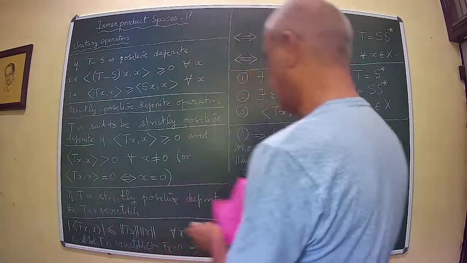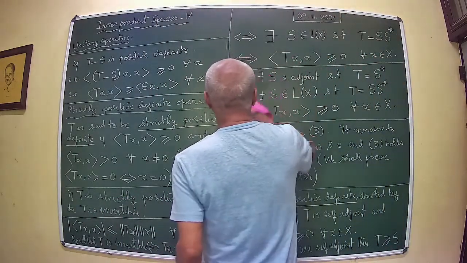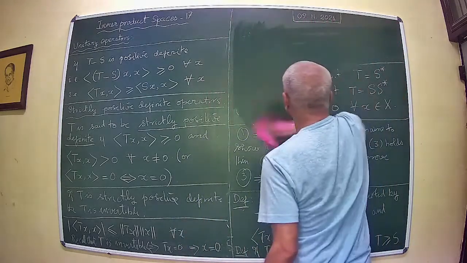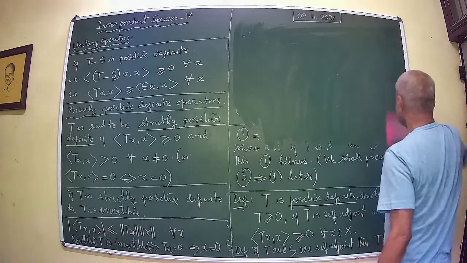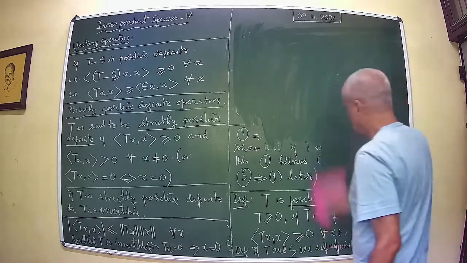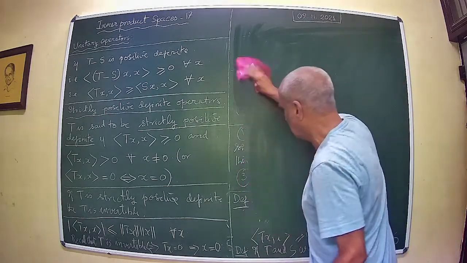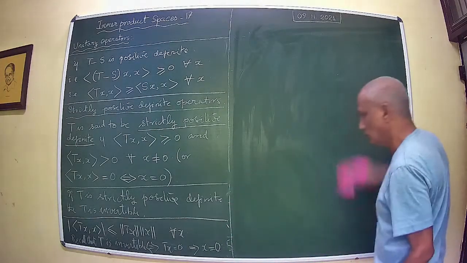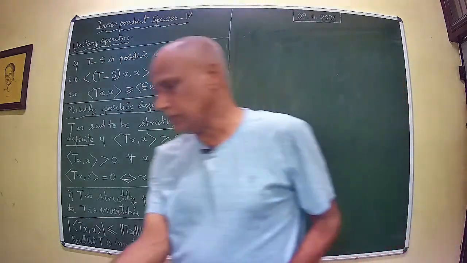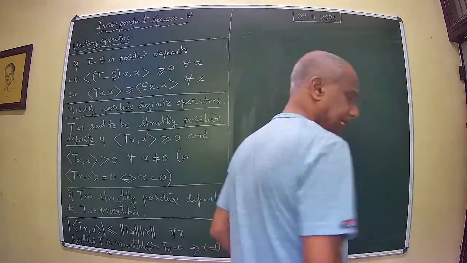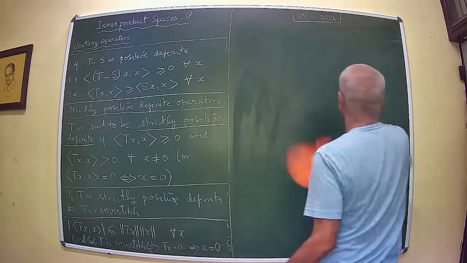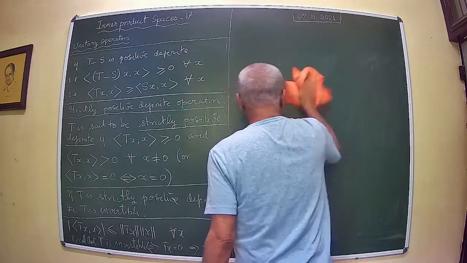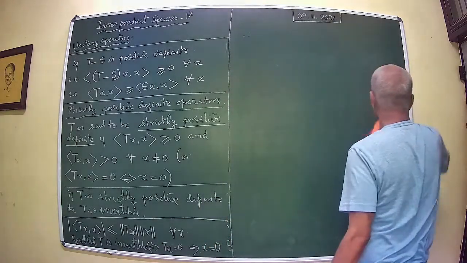So it is enough to prove this. So what we want to prove is the following: T strictly positive definite implies T is invertible.